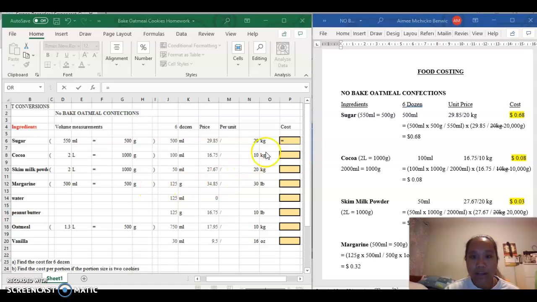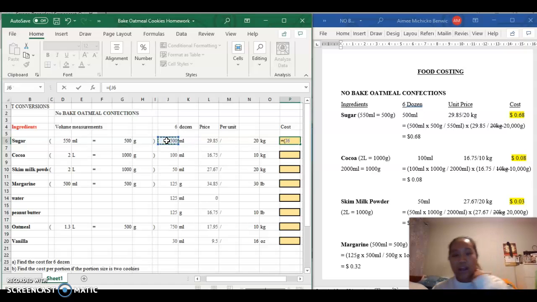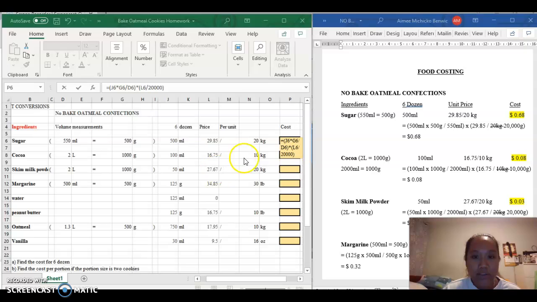Here we basically copy whatever we wrote in our paper calculation. Open bracket, we just copy this calculation formula. Open bracket, 500, we can just click it, so you don't have to worry about it. So 500 ml. Here you can see the formula.